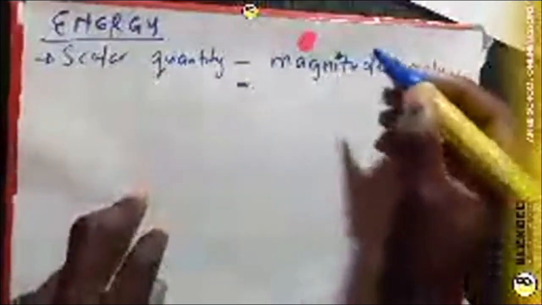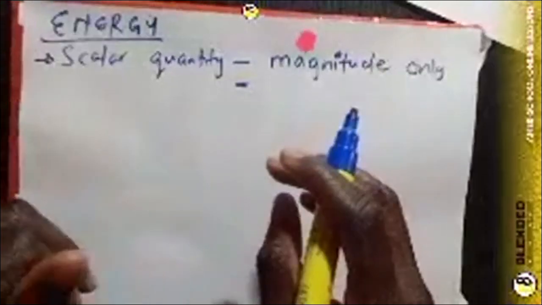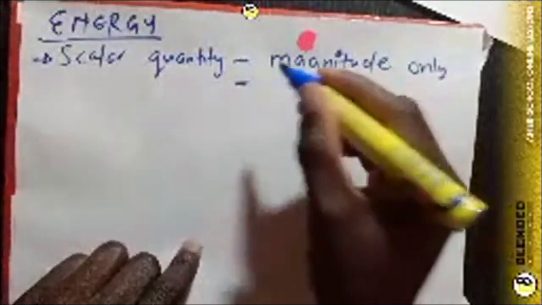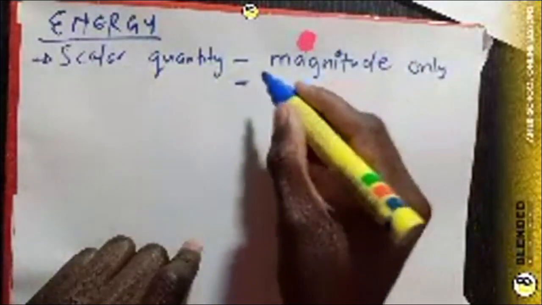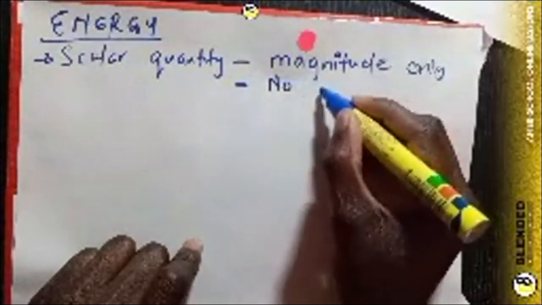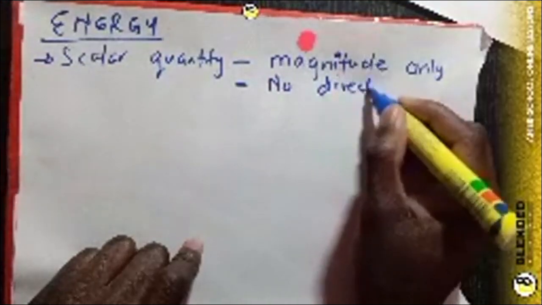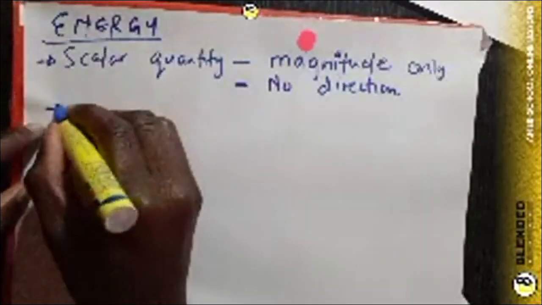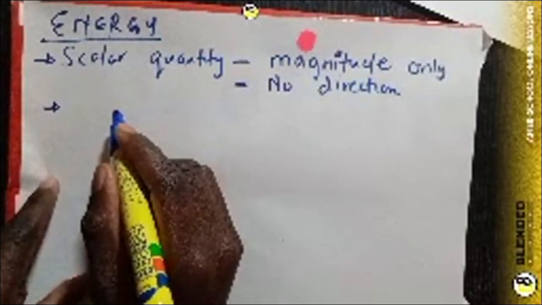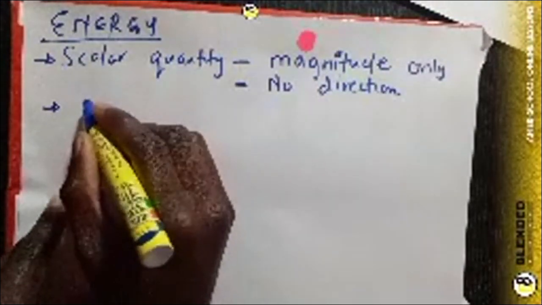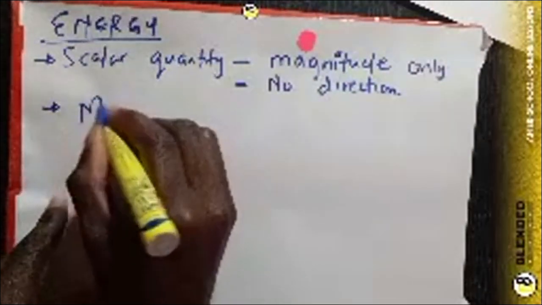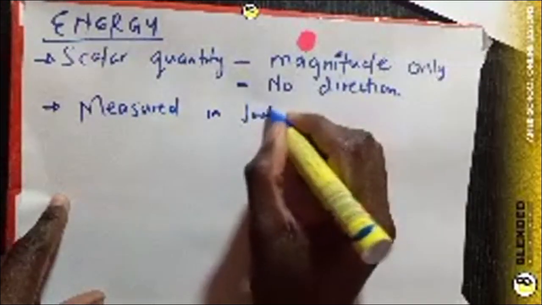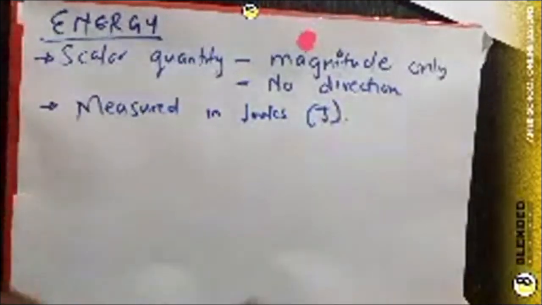So you need to put in your SI units to get the maximum marks from that question. Here we don't have direction, it's magnitude only. Kinetic energy is also measured in joules, which is J there.